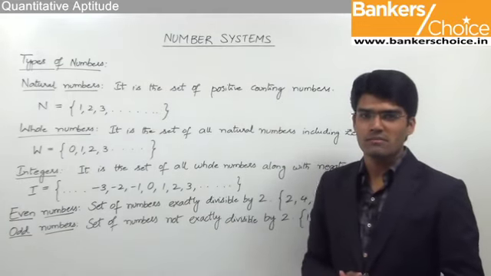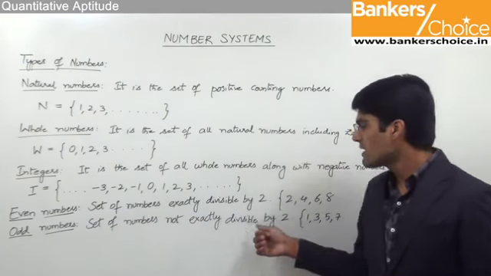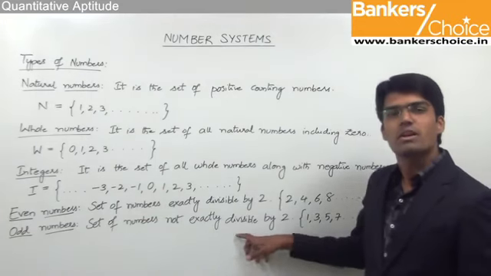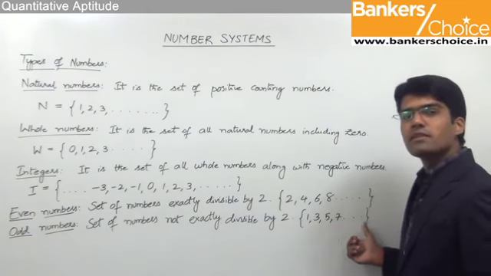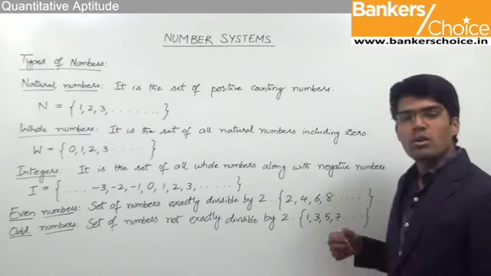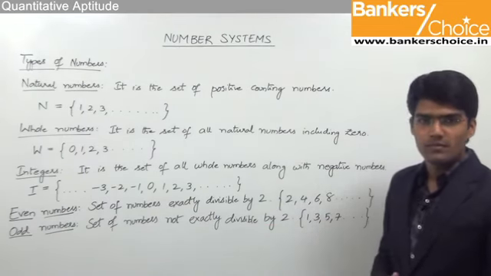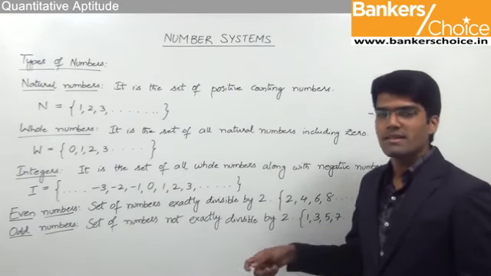Odd numbers are those numbers which are not exactly divisible by 2. So the set of numbers which are not exactly divisible by 2 is referred to as odd numbers. Or we can say numbers which are not even are odd. So 1, 3, 5, 7 and so on are examples of odd numbers, as all these numbers are not exact multiples of 2, or these numbers are not divisible by 2. So if a number is divisible by 2, it can be taken as even, otherwise it is to be considered an odd number.